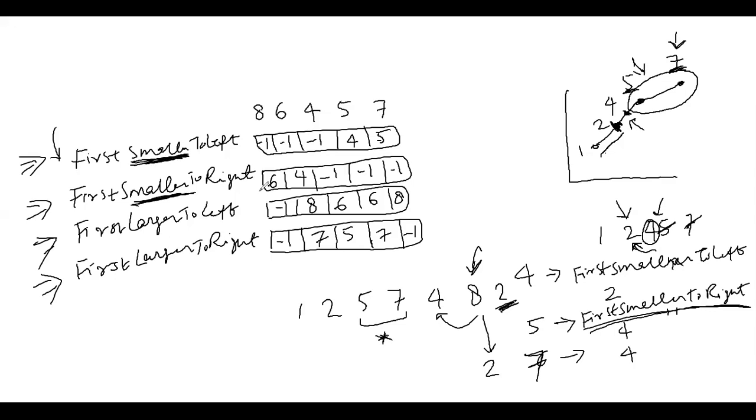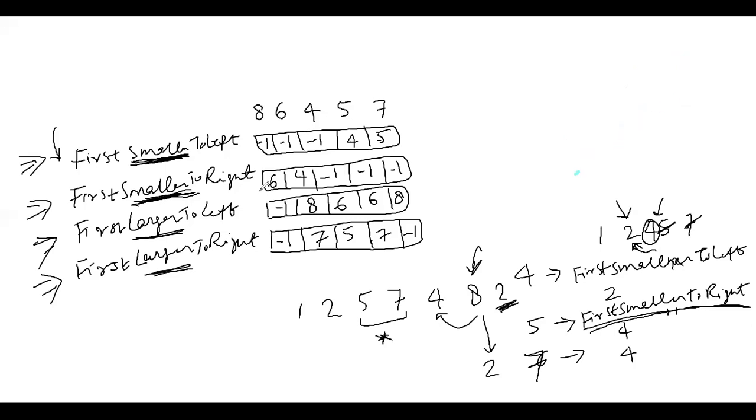Now we will see that if we do the decreasing sequence, we will be able to derive the larger value towards left and right. It's the same exact idea, so I think it will be very clear. It's like a symmetric case.